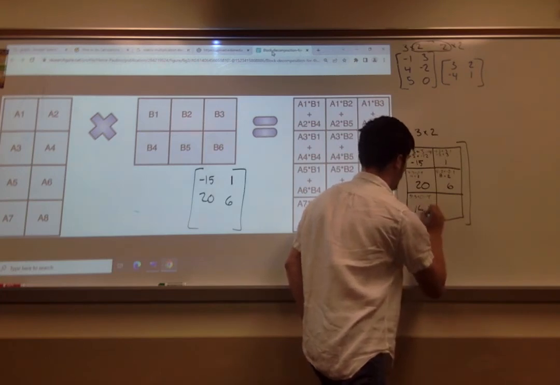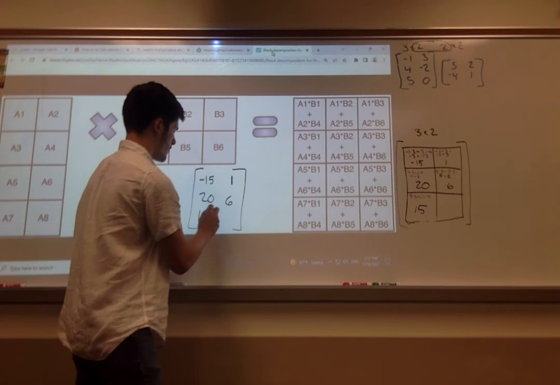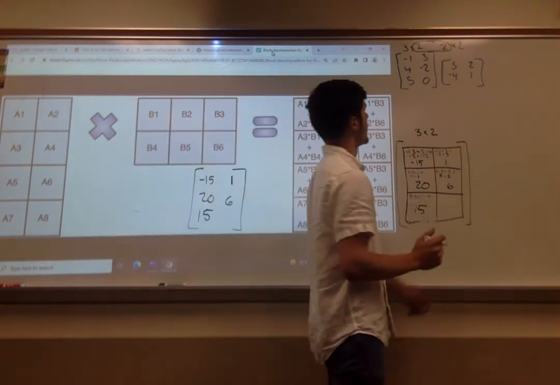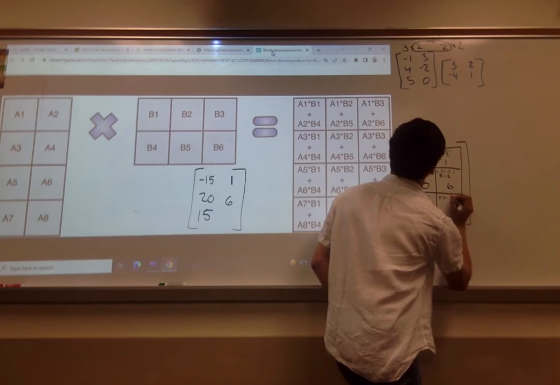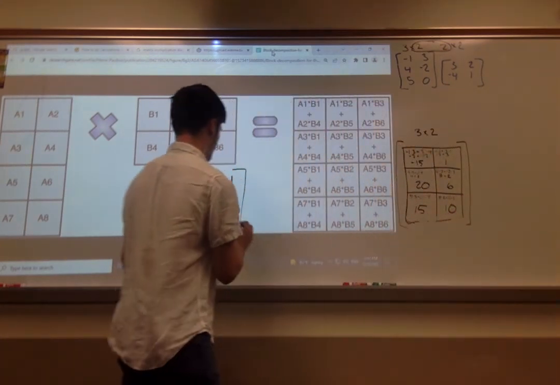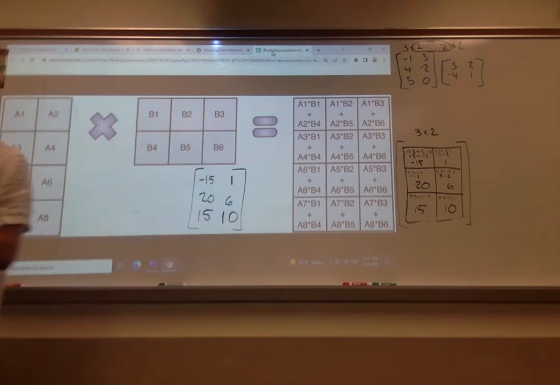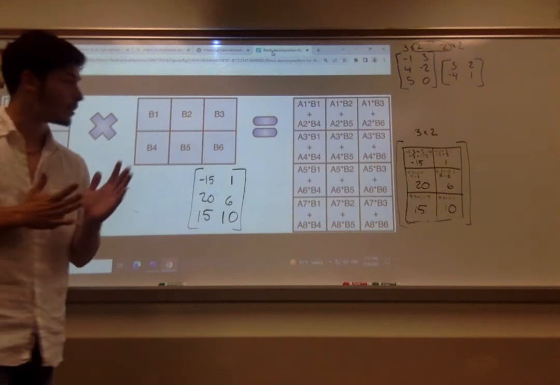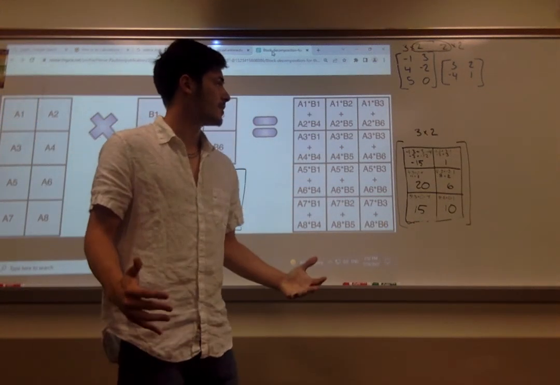It's just 15. And then last but not least, we've got 5 times 2 plus 0 times 1, which is 10. So that's the answer to our matrix multiplication there.